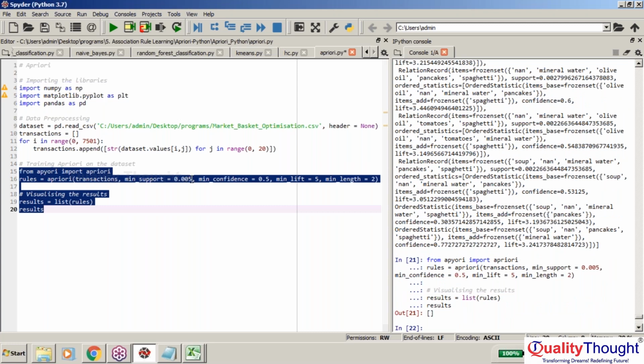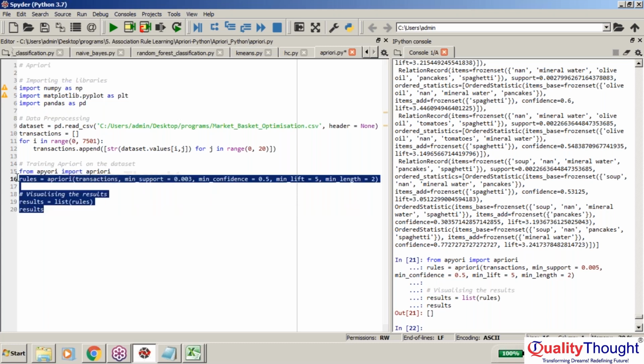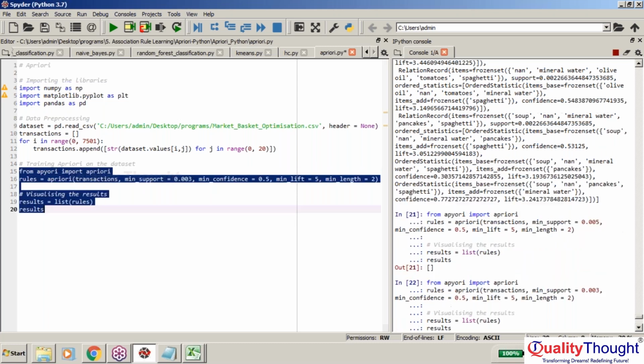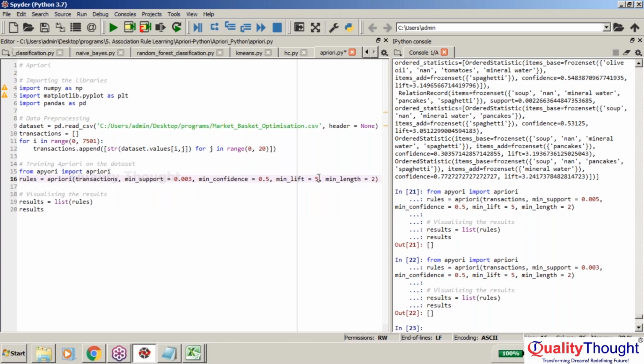So I want to take the minimum support, some 3. Even now I don't have it. Let me decrease this to 4.